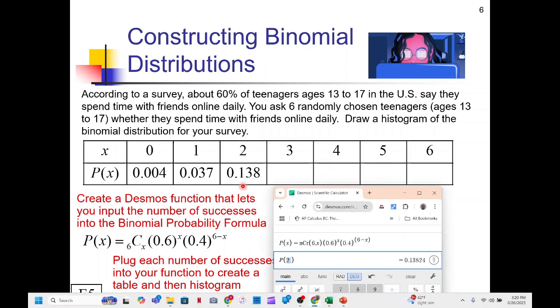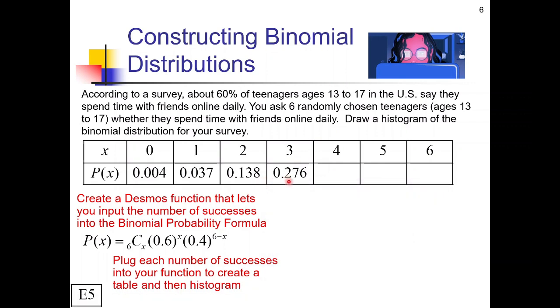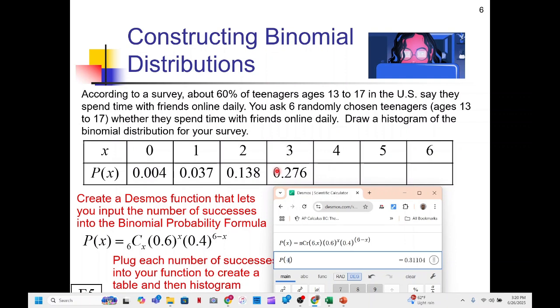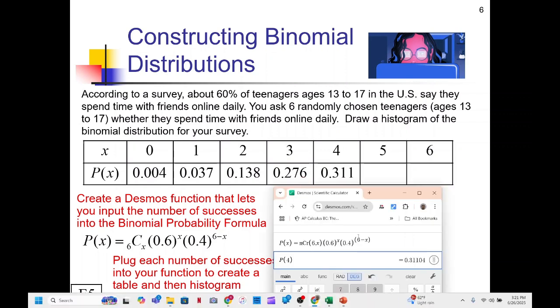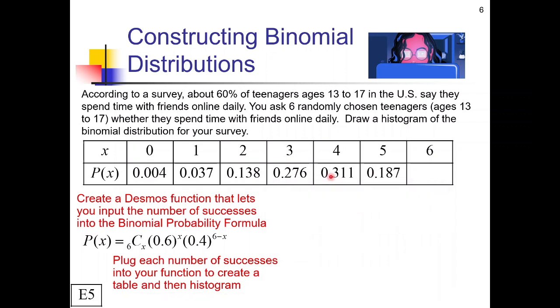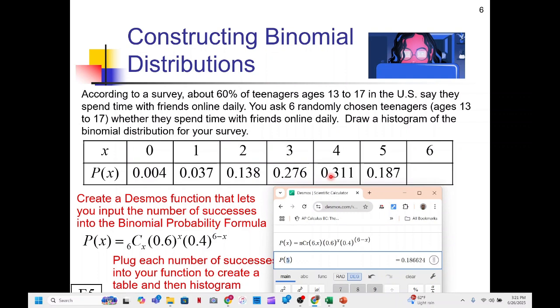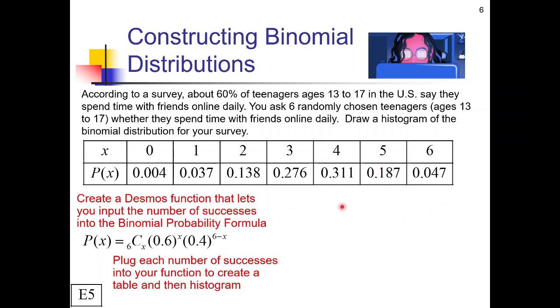Plugging in 3 gives us 0.276, so that is quite a bit more likely than all the others so far. How about 4? If I plug in 4, that's 0.311, even more likely. And then if I plug in 5, 0.187. And then finally, all 6 of them saying yes, there is a 0.047 probability of that.